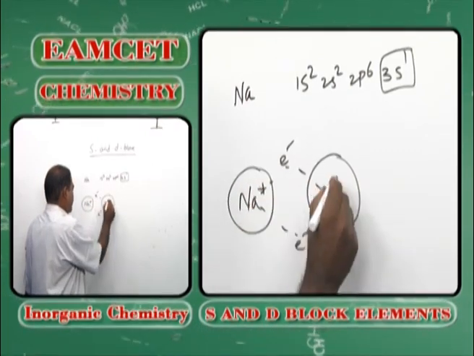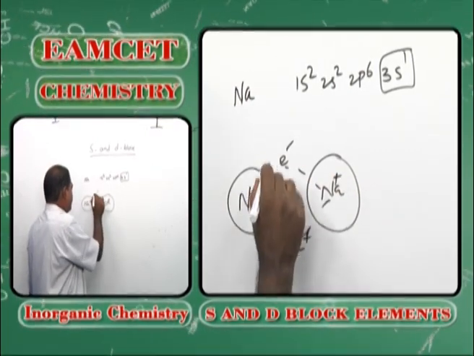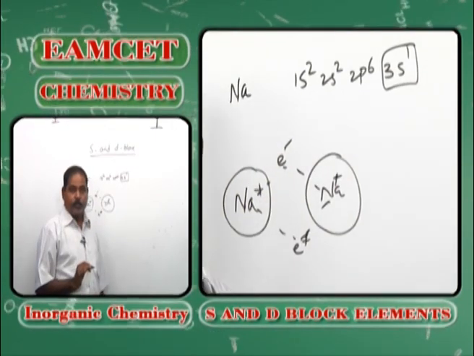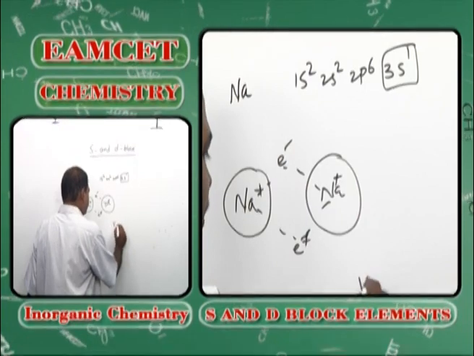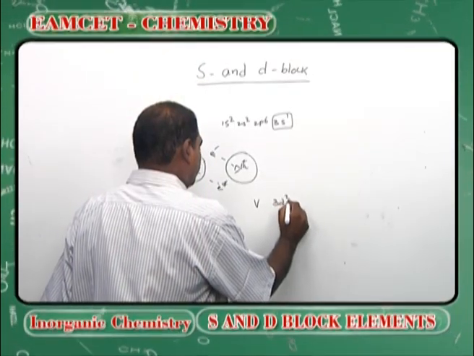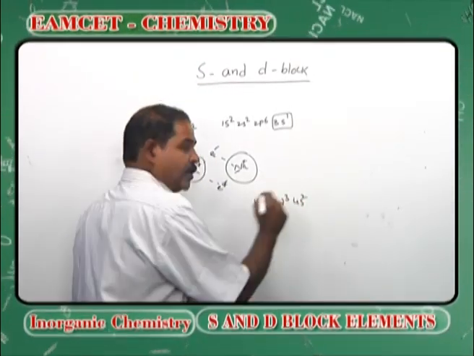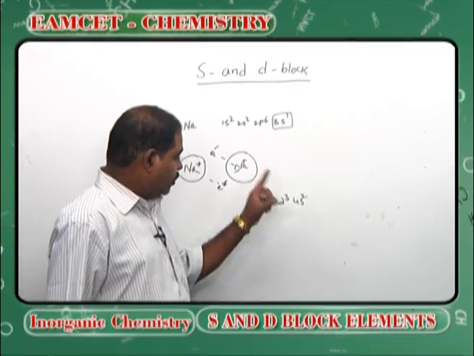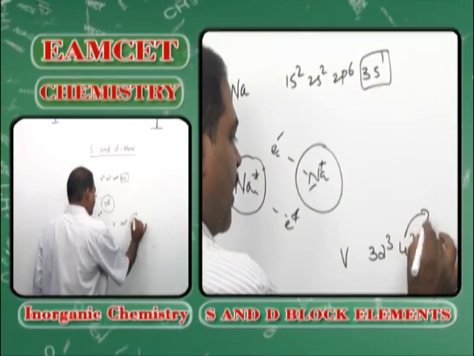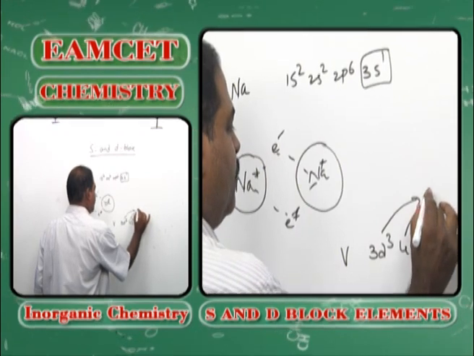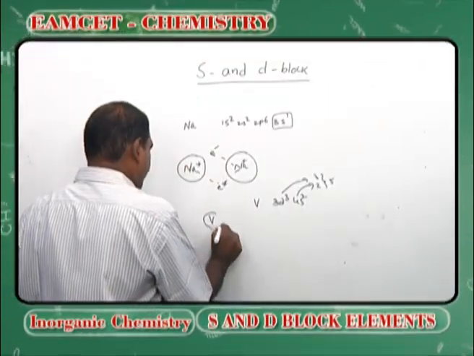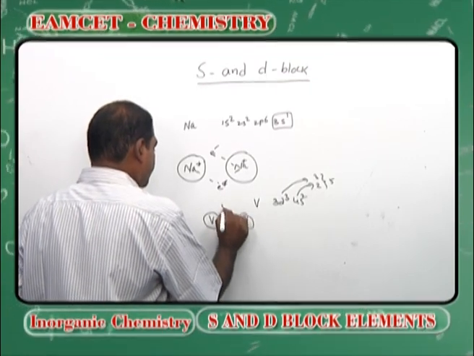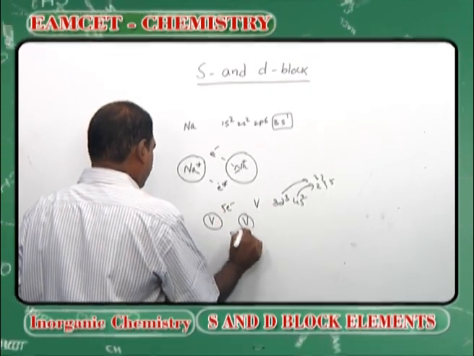The electrostatic attraction between Na+ and one electron is less when compared to an element like vanadium, 3d3 4s2, a transition element. Here, not only the ns electrons but (n-1)d also participate, 2 plus 3, 5. So, between two vanadium atoms, it is likely that 5 electrons participate in the metallic bond.